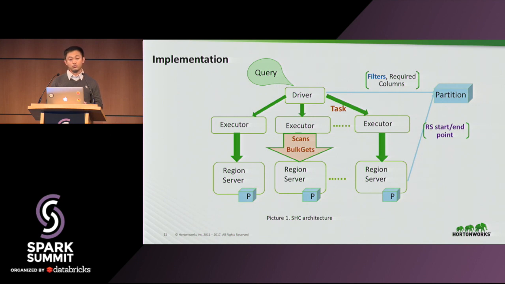Because we do lots of binary code execution, or native byte array execution there, when the filter is pushed down into the region servers, HBase can read the data based on the filters. It means that less data goes to the Spark side, so you can reduce the memory overhead of Spark SQL.